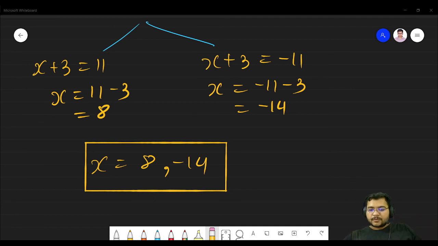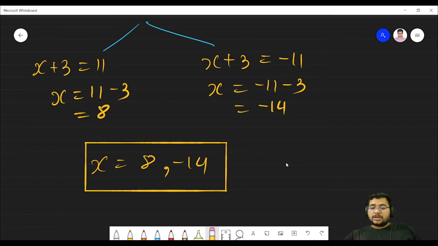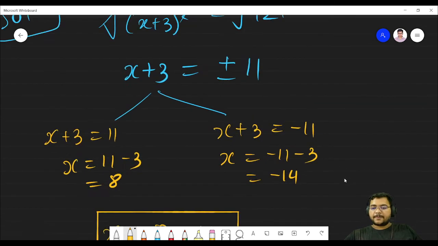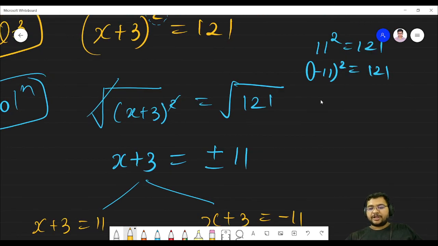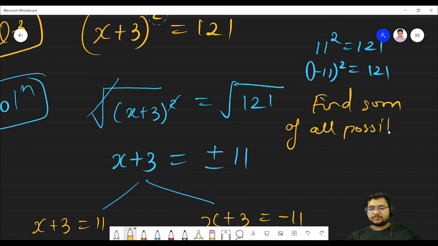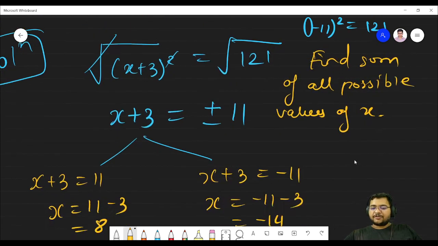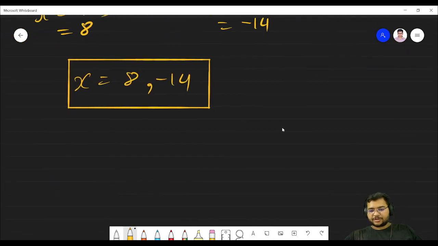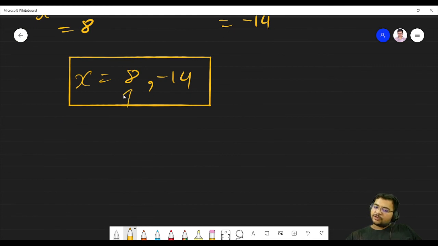In this way, let's say the question is changed a little and it asks to find the sum of all possible values of x. These are both the possible values of x.